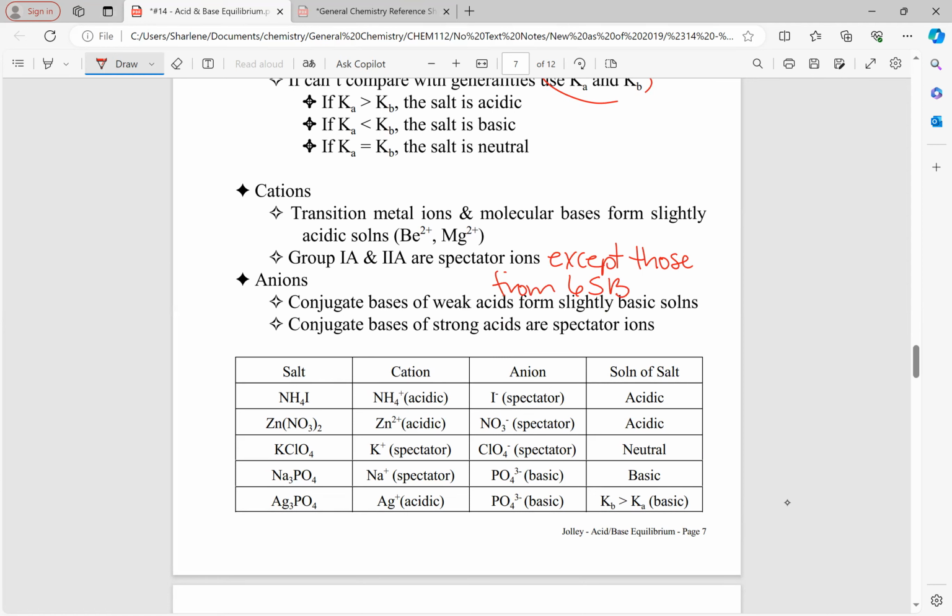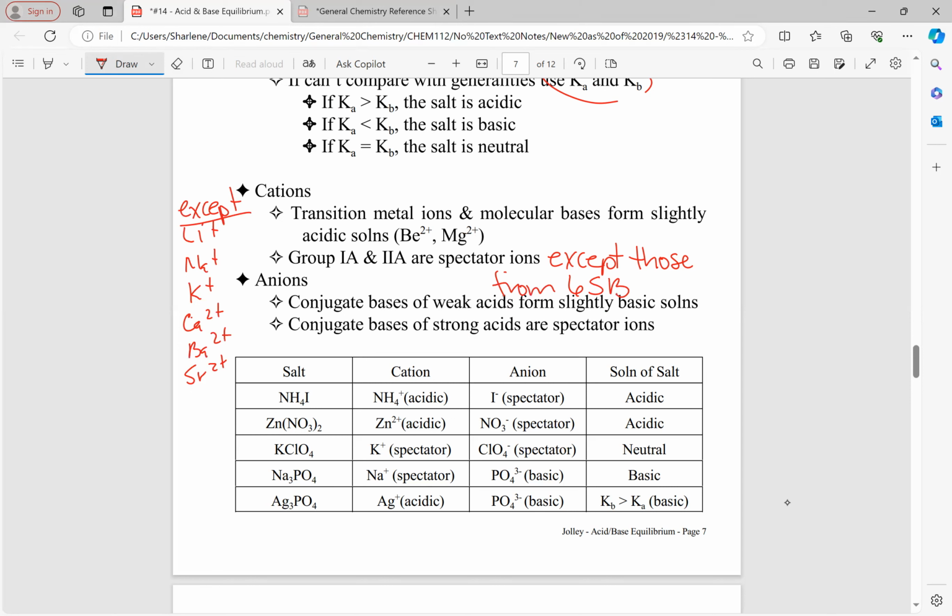Lithium, sodium, potassium, calcium, barium, and strontium. Those cations will not react with water, so they're just going to be called spectators.